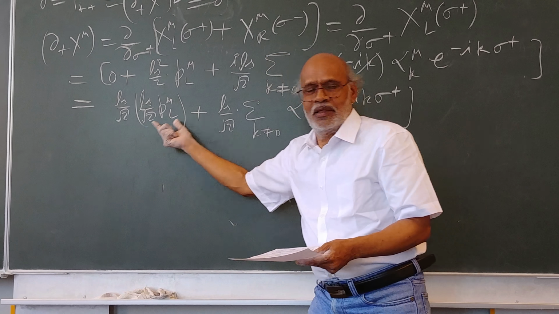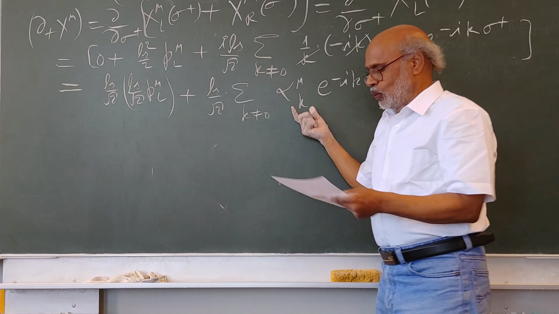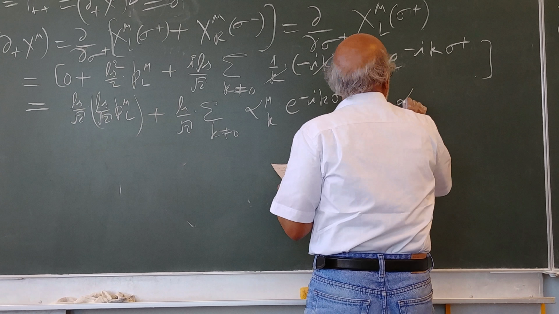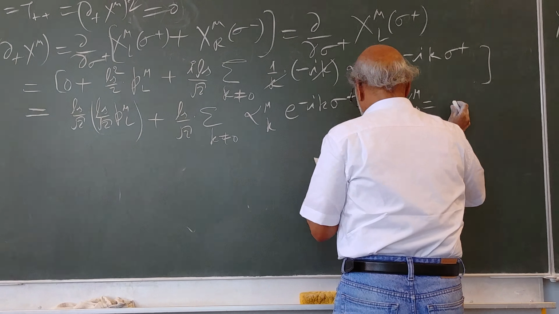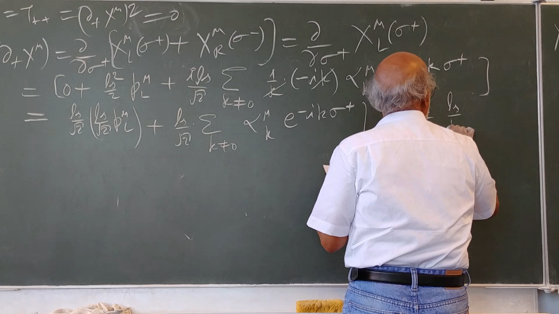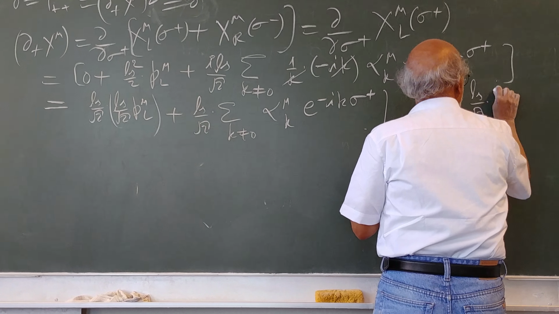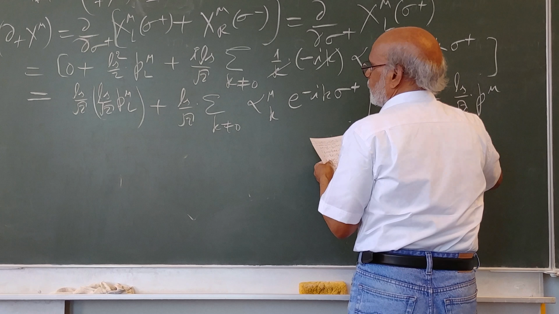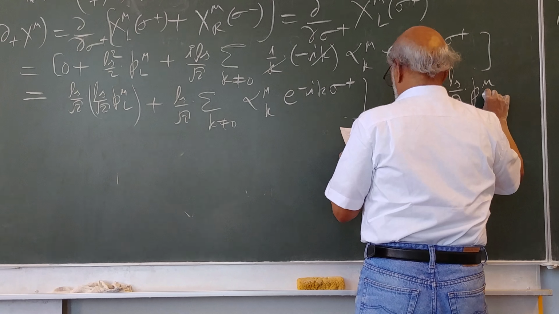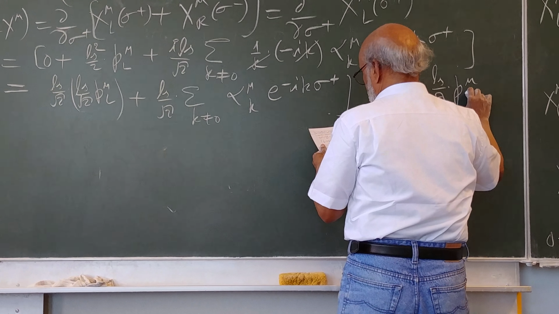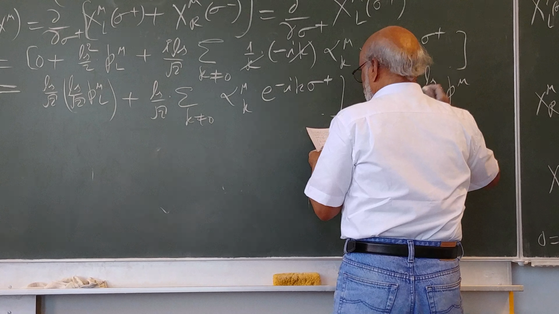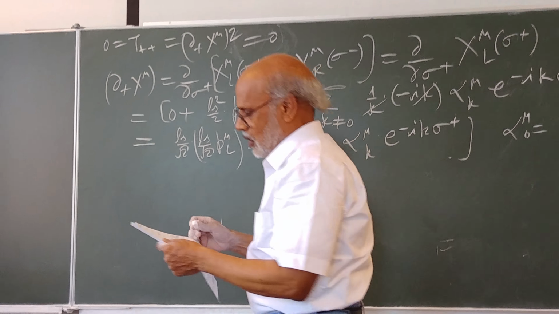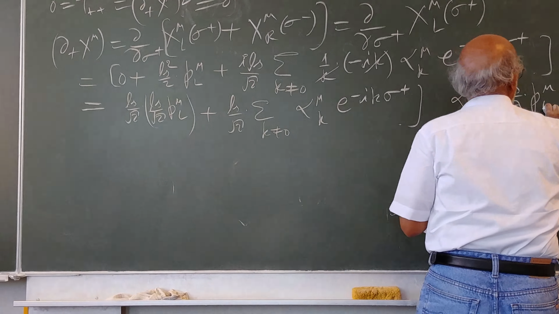Therefore I could absorb this term into this, and this is alpha mu 0 equals ls by root 2 into p mu L, no problem.